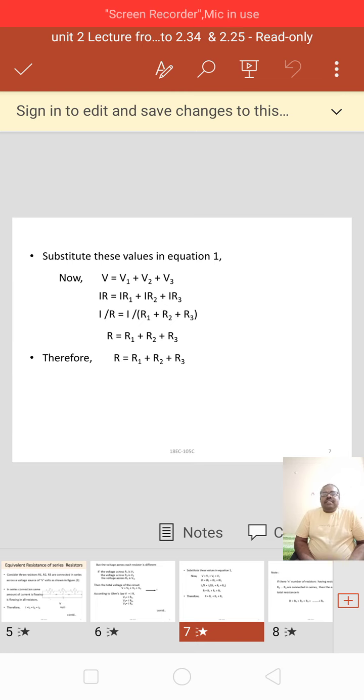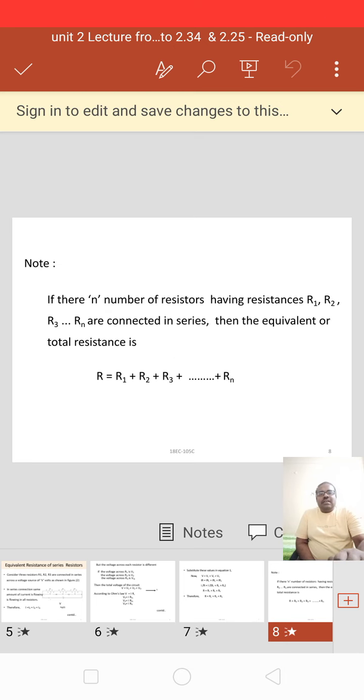I gets cancelled. We get R equal to R1 plus R2 plus R3. Therefore R equal to R1 plus R2 plus R3. It is the equation for getting the value of R.